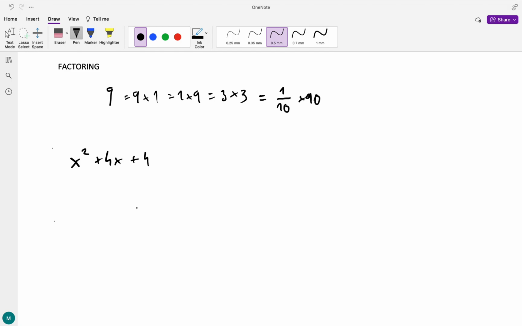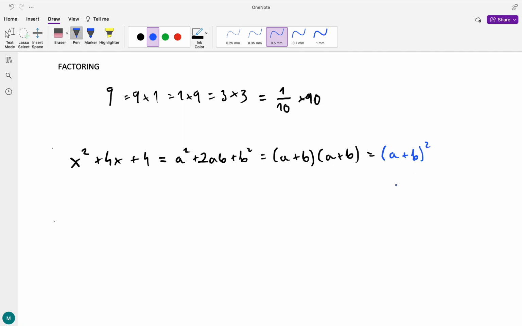In that video, we covered all of the formulas for the perfect square, and if you watched it, and if you did a few practice problems, you notice that this is the same as a squared plus 2ab plus b squared. So we can factor it out to a plus b times a plus b, or simply write it out as a perfect square formula, a plus b squared.